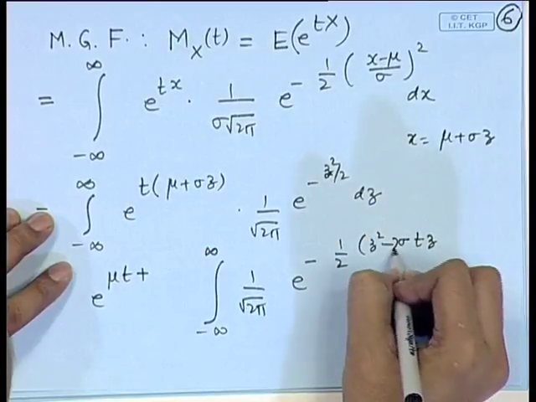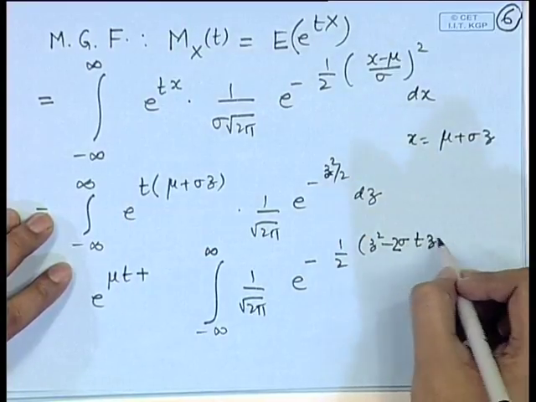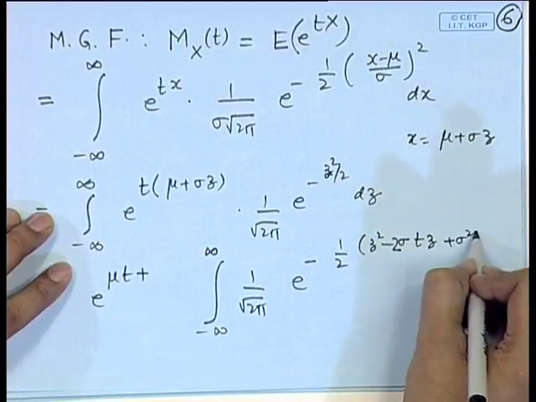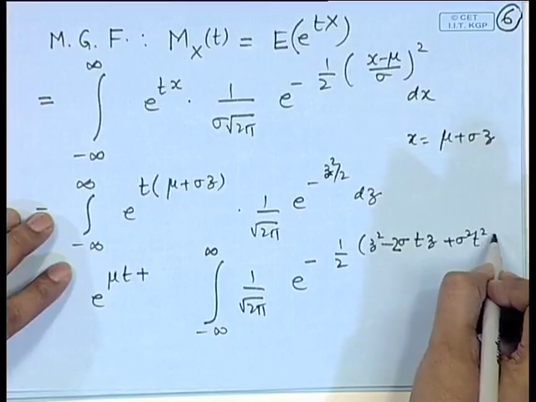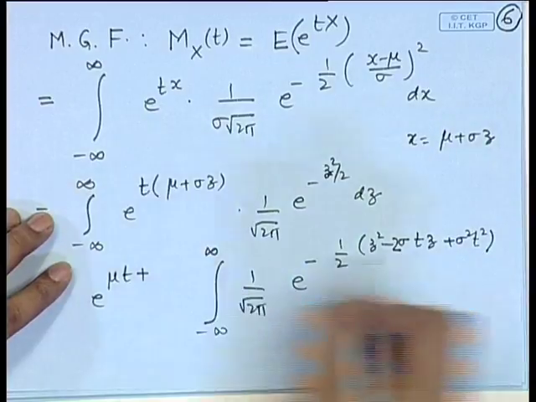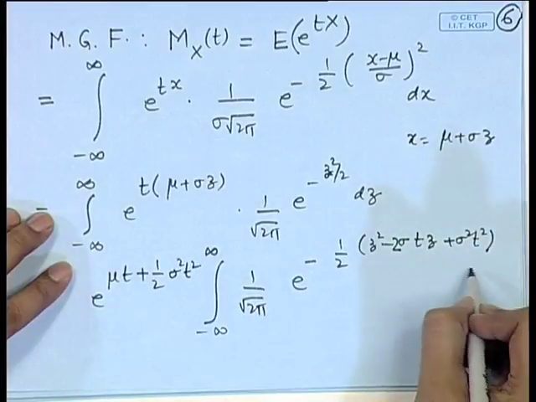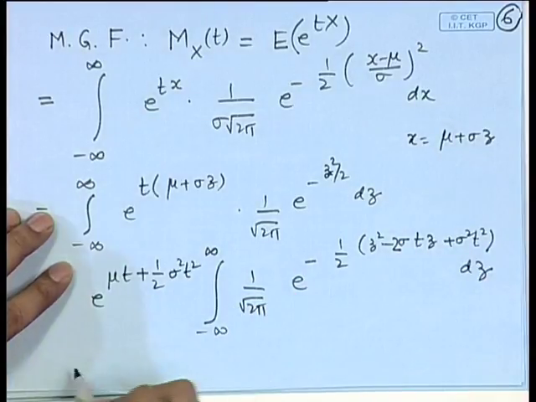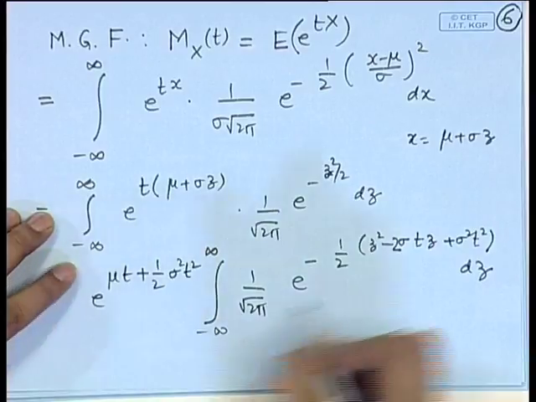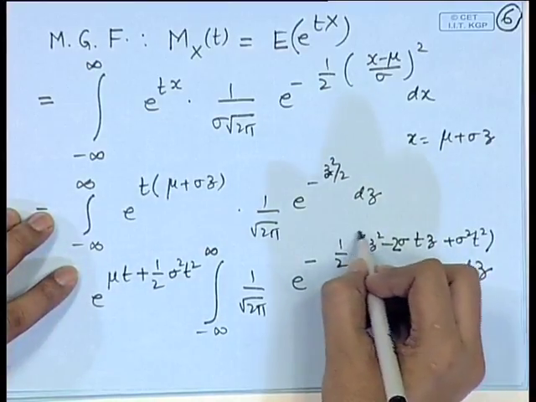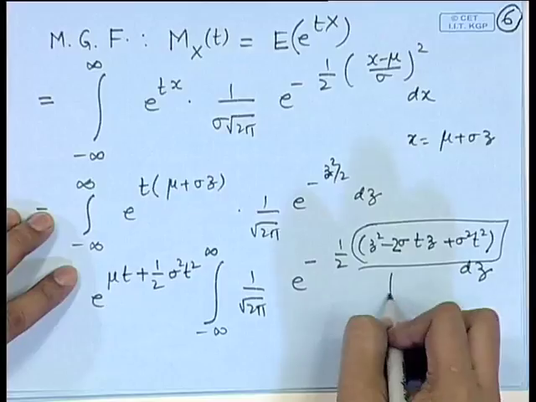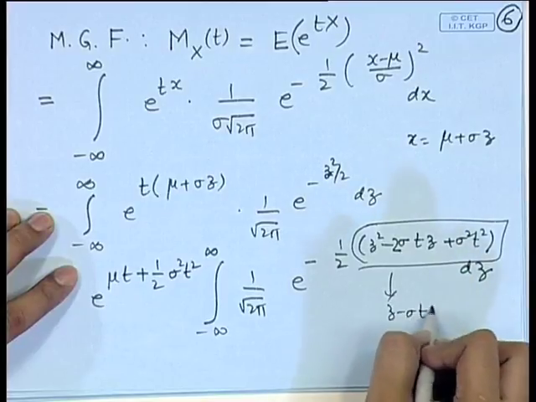This suggests that we should add sigma square t square and subtract it. If we subtract it, then the term will be half sigma square t square. So, if you look at this particular term, this is (z minus sigma t) whole square.